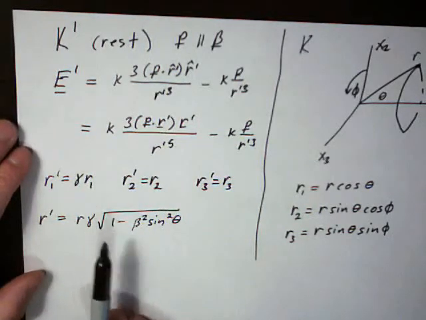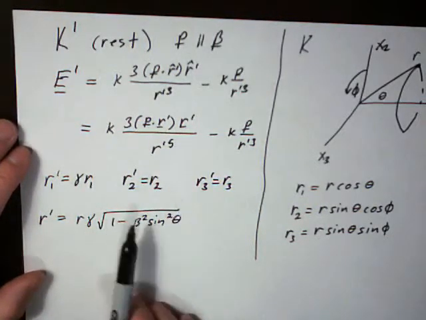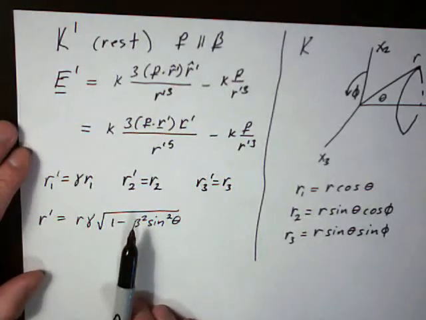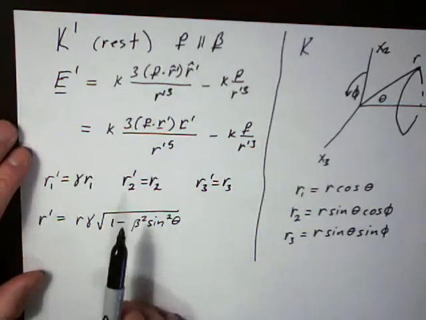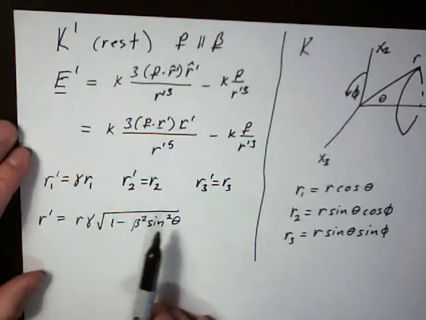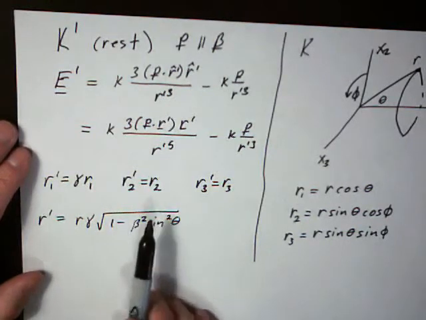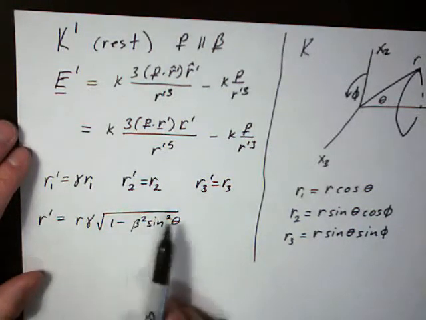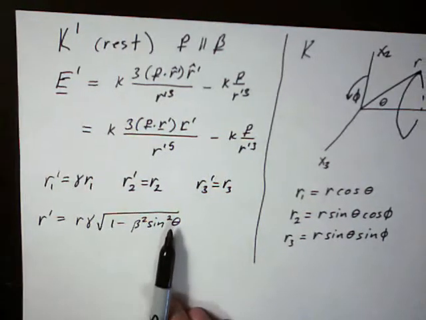Now we have a factor of gamma, but this thing looks almost like 1 over gamma, because gamma is 1 over square root of 1 minus beta squared. So this looks a bit like 1 over gamma, except for this sine squared theta.